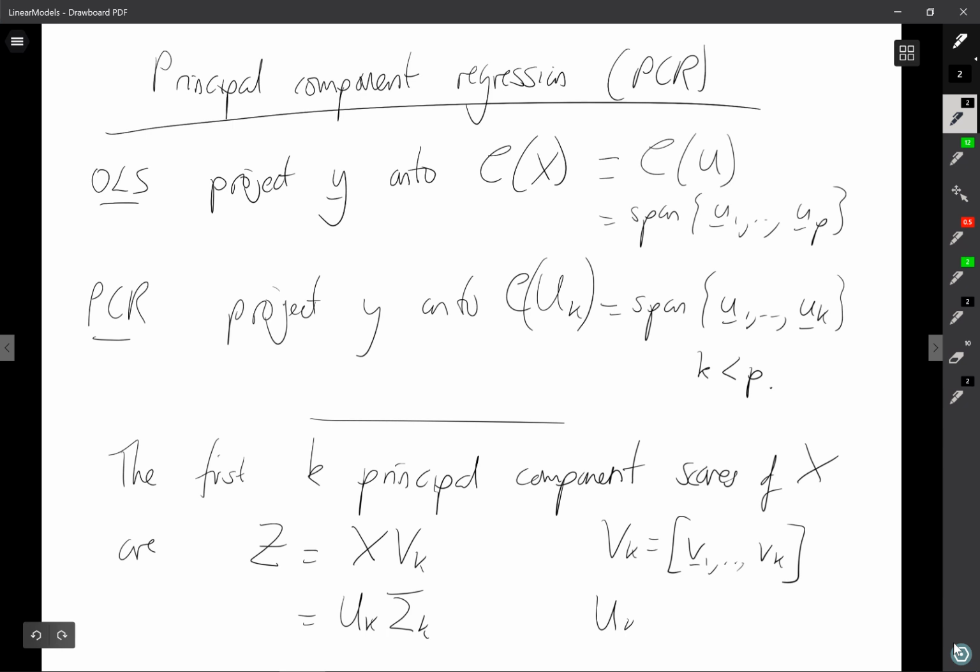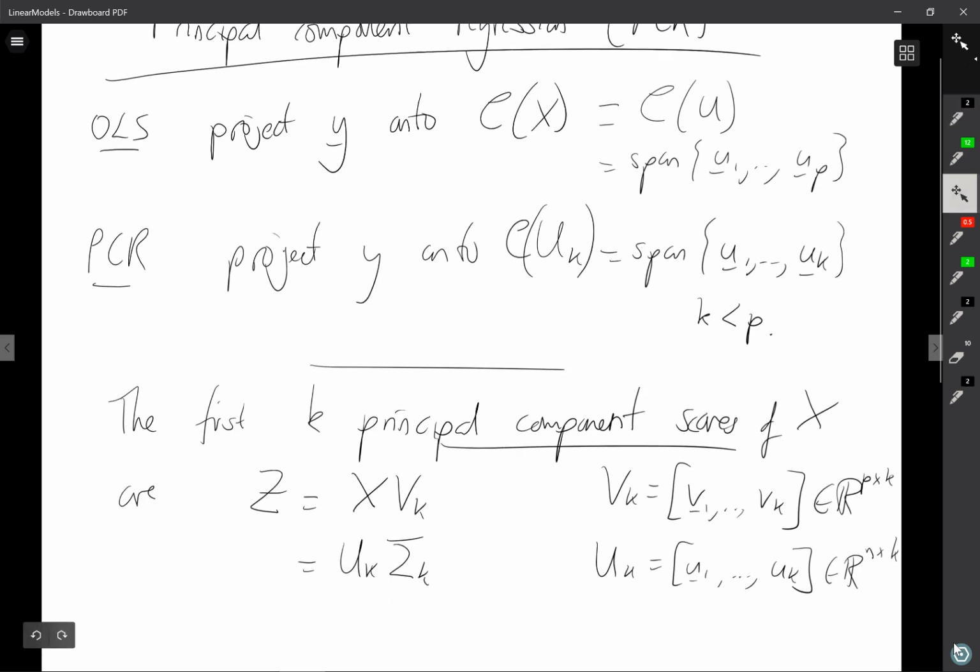Okay. And Uk are the first k left singular vectors. Okay, so this is a p by k matrix. This is an n by k matrix. So these are the principal component scores. We saw them in chapter 4.